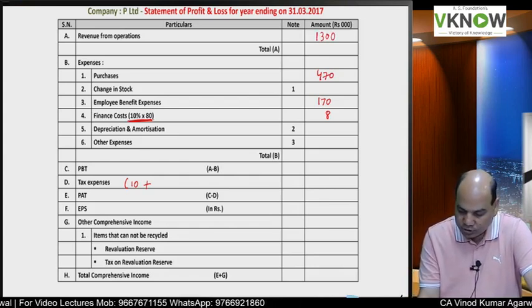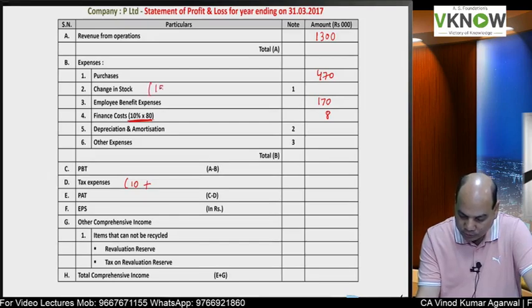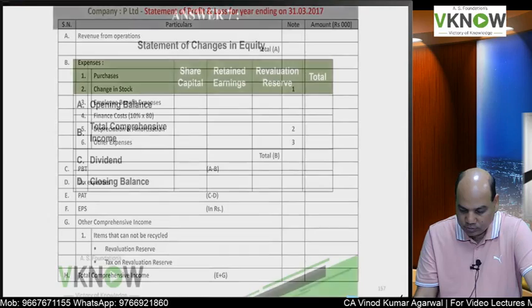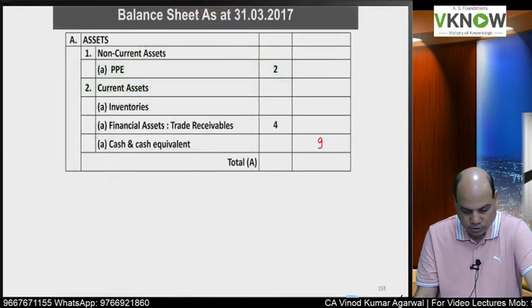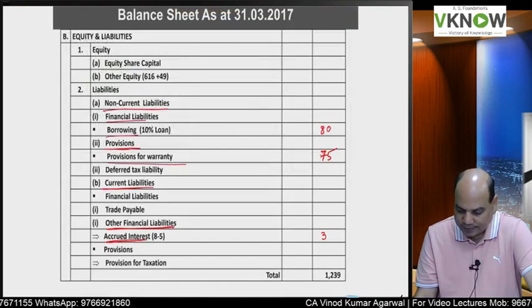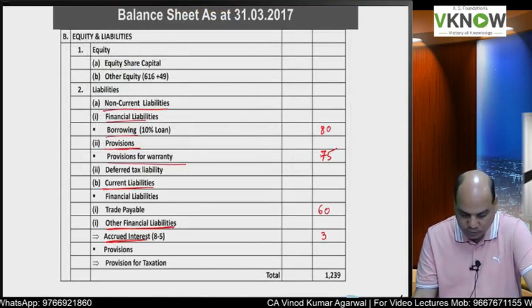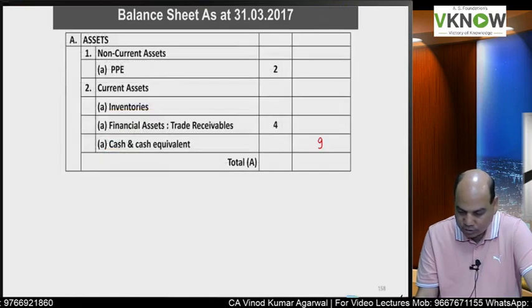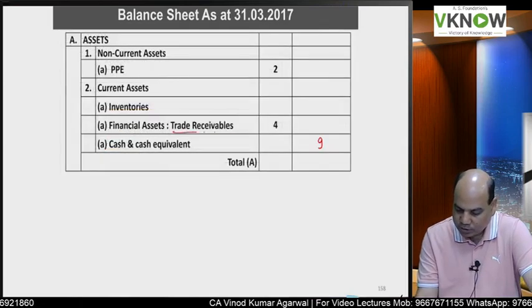You come to this change in stock, right here, 150 opening stock minus, I'll come back to this. Then trade payable, 60, where? Current liabilities, financial liabilities, trade payable, 60.